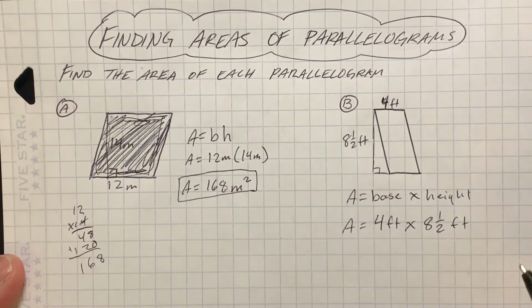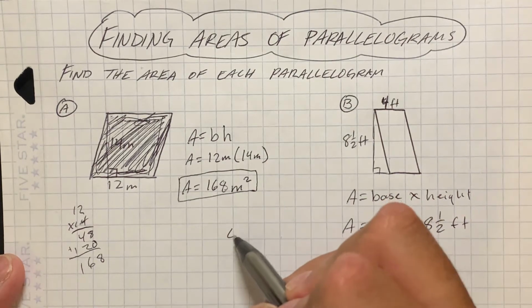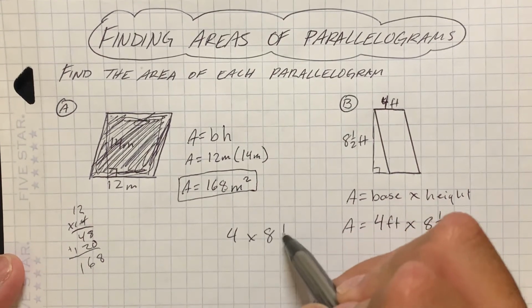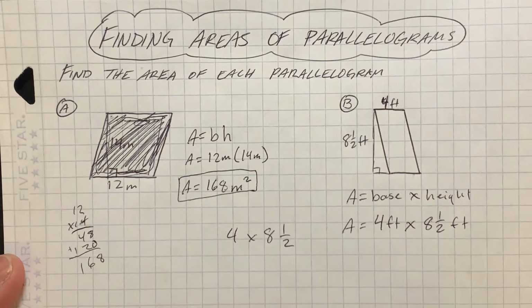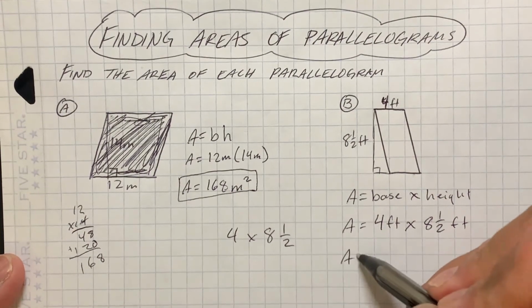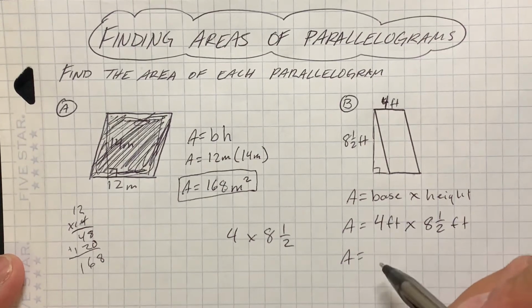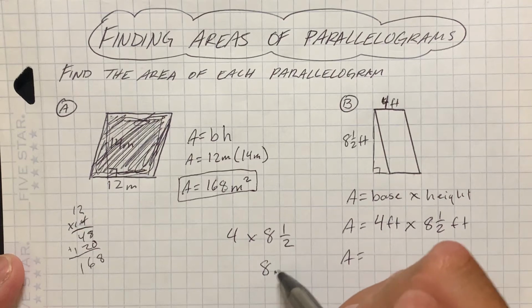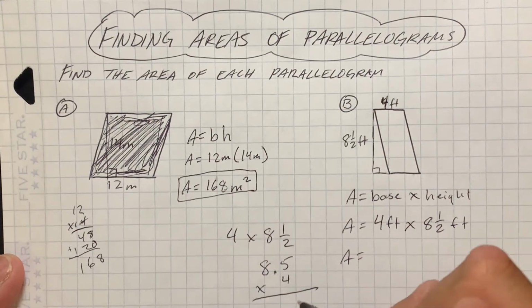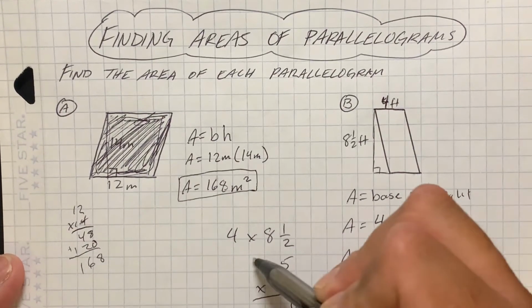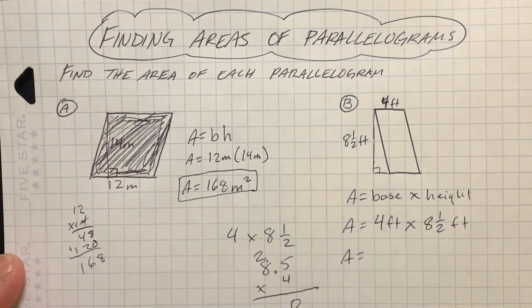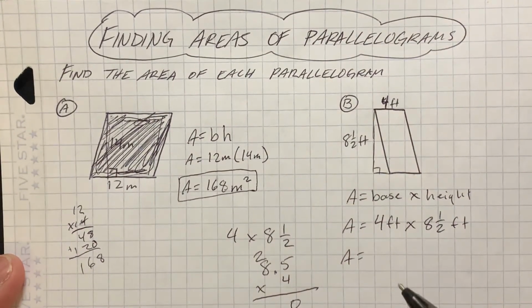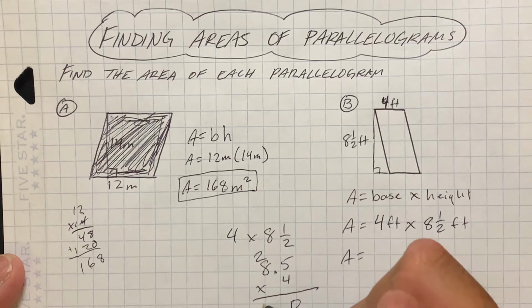Again, we have this problem where you have a whole number times a decimal. So here we go. Area equals 4 times 8.5. You could even make it into a decimal point if you want, if that helps. 5 times 4 is going to be 20. 4 times 8 is going to be 32, plus 2, 34.